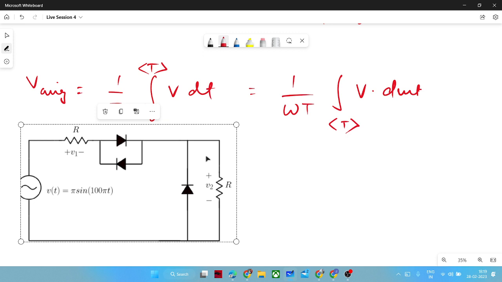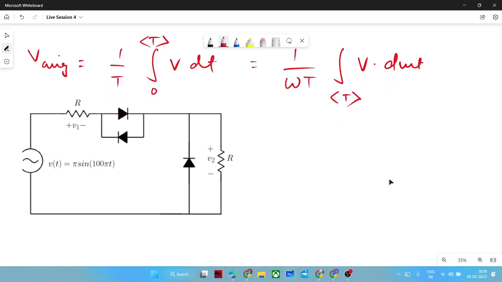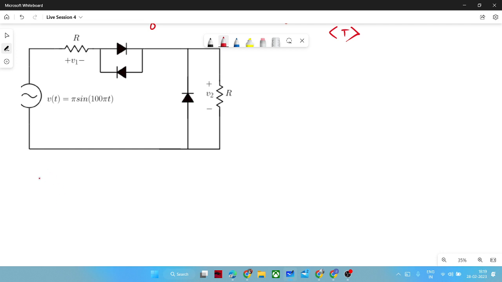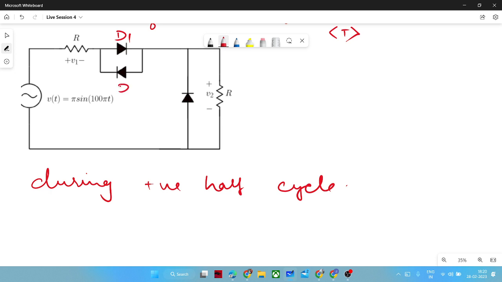So we will have to look at both cases, and we can get the answer. So during the positive half cycle, let us assume D1, D2, D3. Which diodes will be turned on?